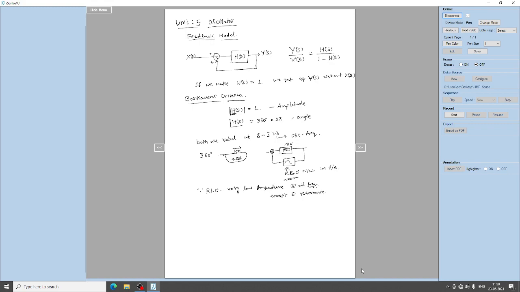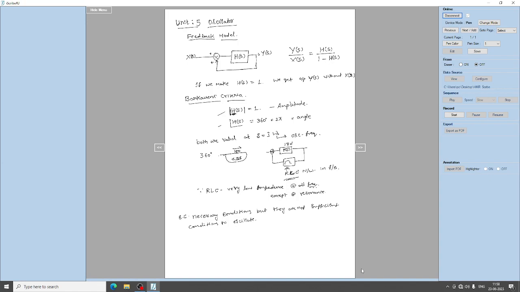So remember the Barkhausen criteria we talked about: the amplitude, or the gain, should be equal to 1 and the phase shift should be equal to 360 degrees. These are necessary conditions, but they are not sufficient conditions to oscillate.